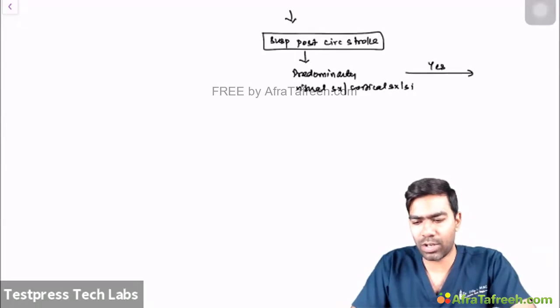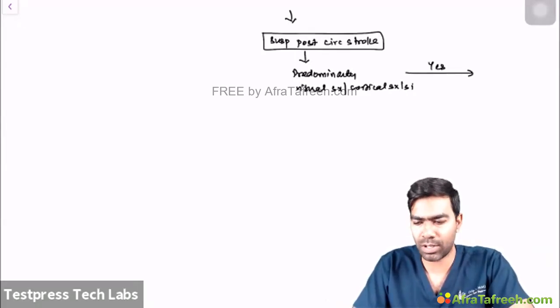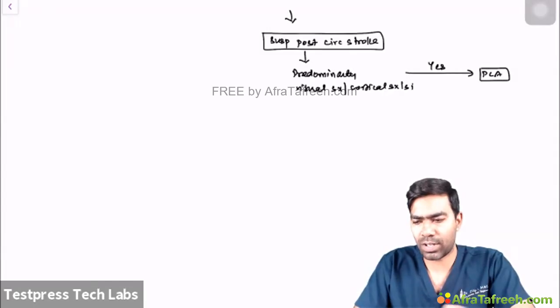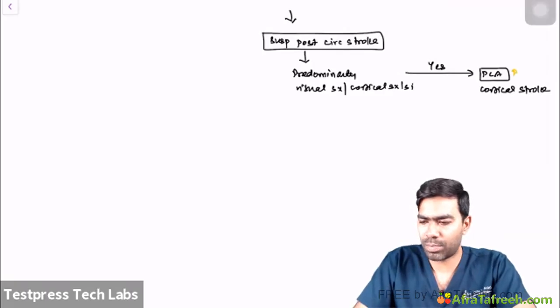If you have predominant cortical symptoms and signs, and visual symptoms like homonymous hemianopia, then that goes towards a PCA territory infarct very commonly. So you're going to think it's a cortical stroke. PCA means we are predominantly talking about a P2 syndrome, not a P1 syndrome.